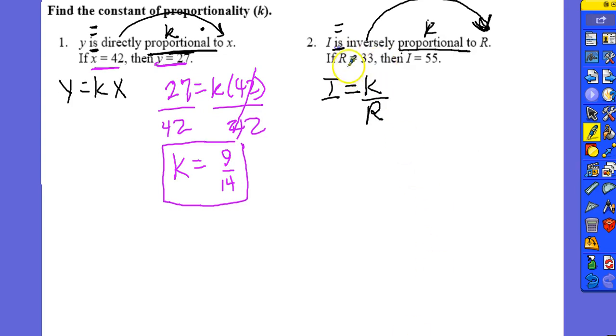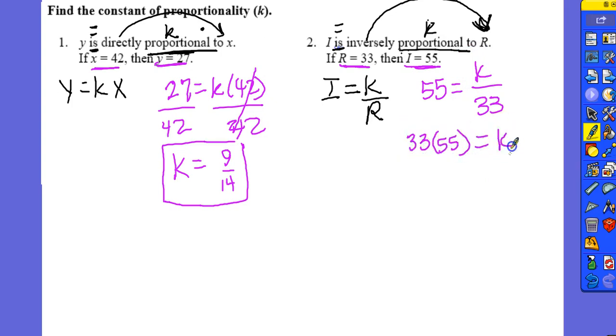And then you just plug in the information. 55 is equal to k over 33. And you solve for k. Now to do that, we would multiply both sides times 33, so 33 times 55 equals k. So k equals 1815.